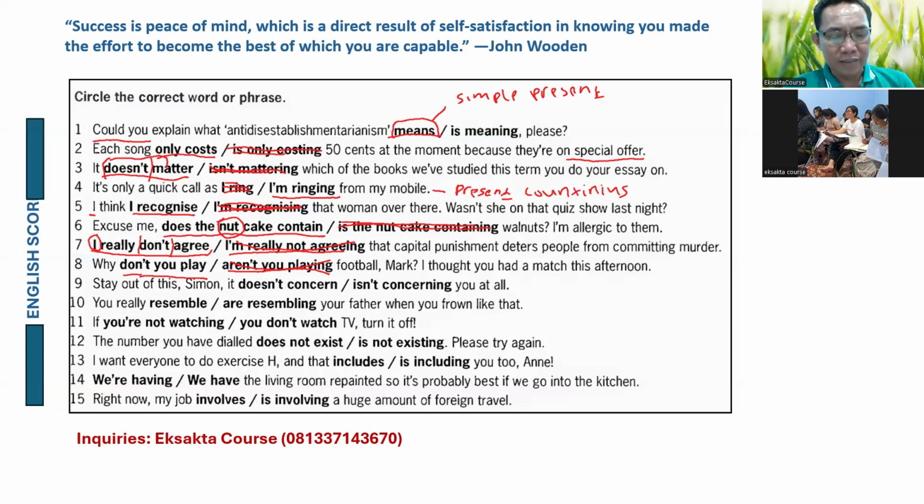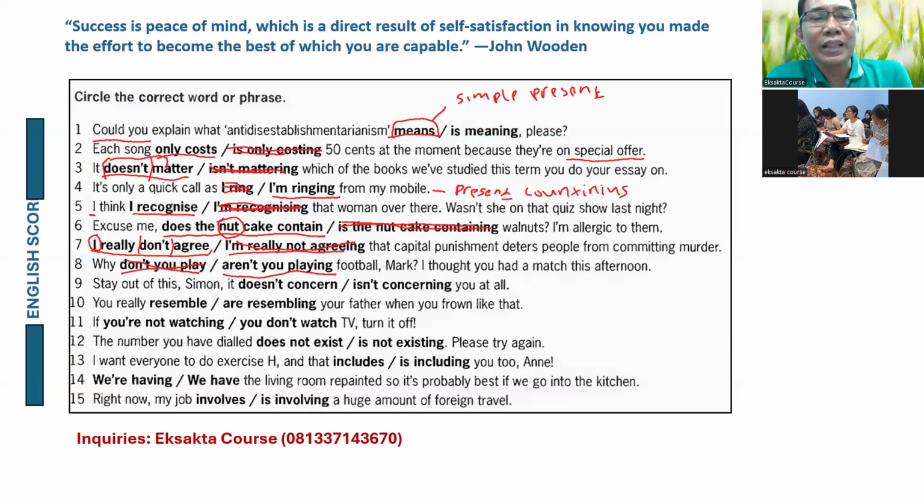It is number eight, but actually we want to change number eight. Can we change it? If we want to take that for this side, we can change to "aren't you playing?" Why aren't you playing football, Mark? Why change it? Because there is "this afternoon," "had a match this afternoon."